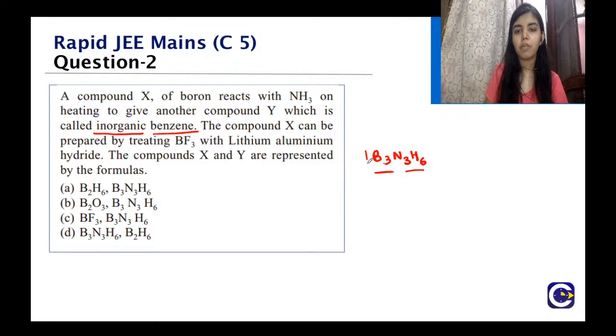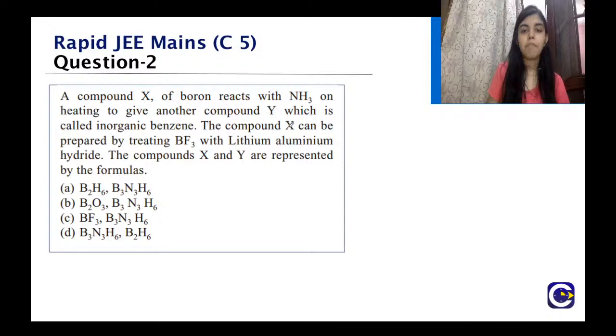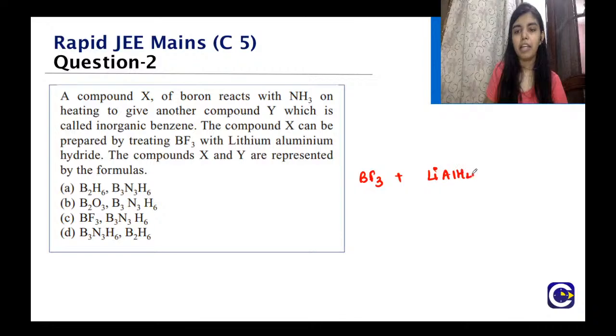This is known as inorganic benzene. The compound X can be prepared by treating BF3 with lithium aluminium hydride. Now this is very important. If you treat BF3 with lithium aluminium hydride, instead of fluorine you get hydrogen here, right?